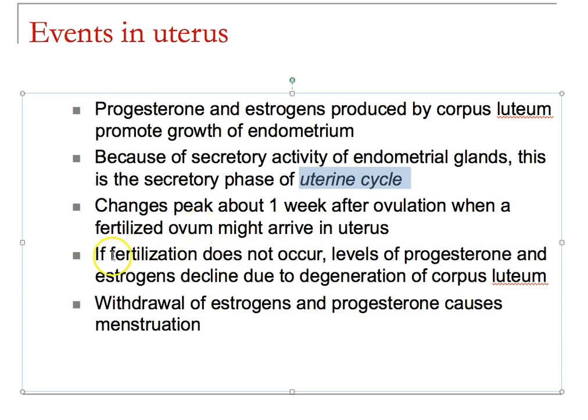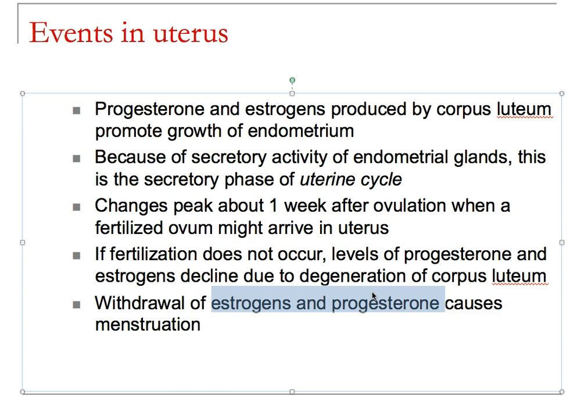And what's going to happen, of course, is if fertilization does not occur, the levels of progesterone and estrogen decline, and the degeneration of the corpus luteum is causing that. That withdrawal of those hormones stops the development of the endometrial stratum functionalis.